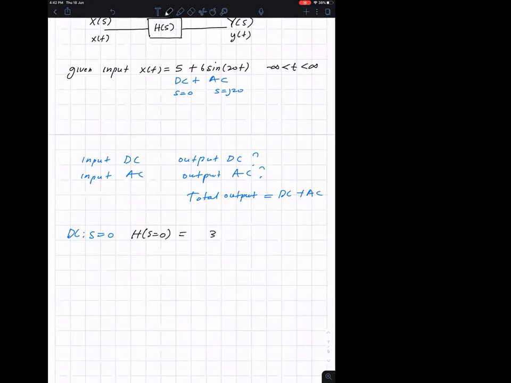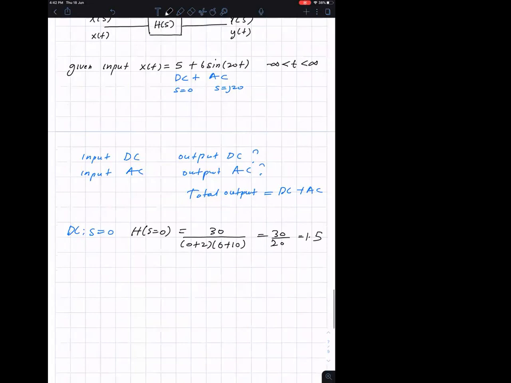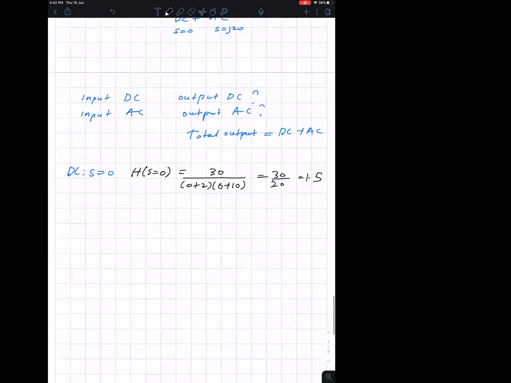It's going to give you 30 over (0 plus 2)(0 plus 10). It's going to be 30 over 21.5. All right, just for the DC part.